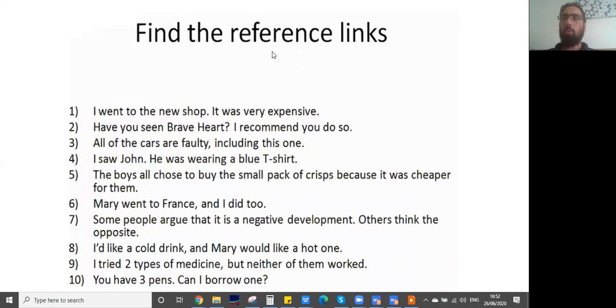So which word or words are we using for substitution in number 2? Excellent.